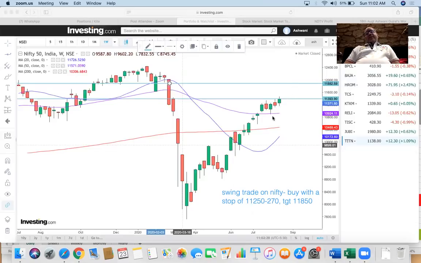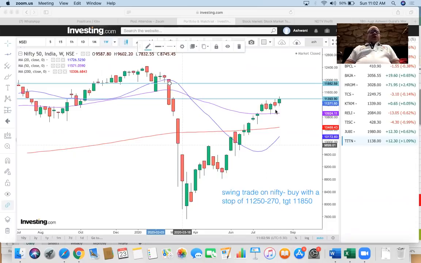Okay, I am assuming here that we open at current levels. Even if we don't open at current levels, the closing has given a buy signal, and Monday morning, post the market consolidating a little bit, you should be able to enter.